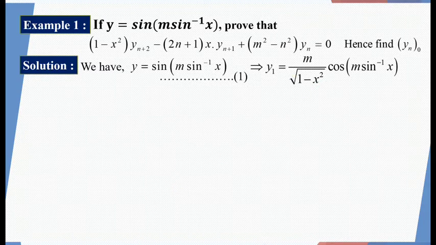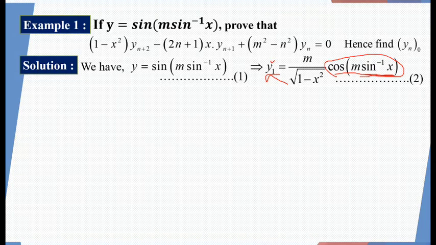So can we shift this into the left hand side? And can we convert this function in the sin(m sin inverse x)? Because after differentiating, the problem remains as it is. Inverse trigonometric function is already there.